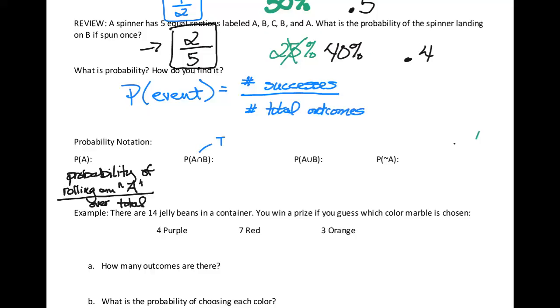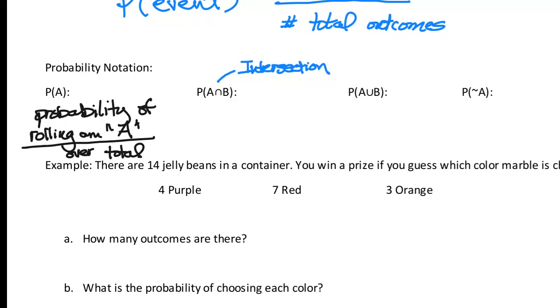The next one is called an intersection. It looks like an upside down U, right? Now, to me, it also looks kind of like a small n, but there's no little side piece on the left, right? When you say the intersection of something, we are actually meaning and.